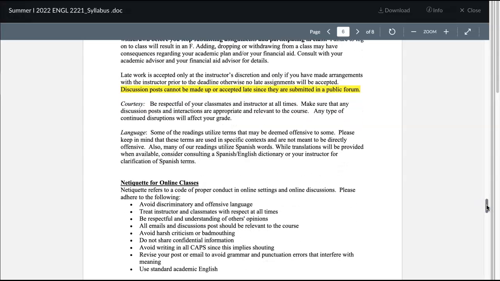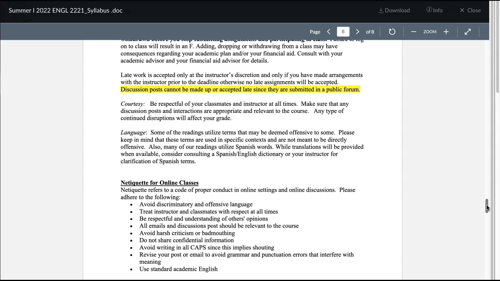Also, I do want to mention something about language. A lot of our readings do utilize Spanish words. So if there's anything that you don't understand and you don't really want to look it up on Google or anything like that, because things tend to get lost in translation, you can always go ahead and contact me, and I can try to explain to you. I can try to translate it and try to give you the context so that you understand what it is.